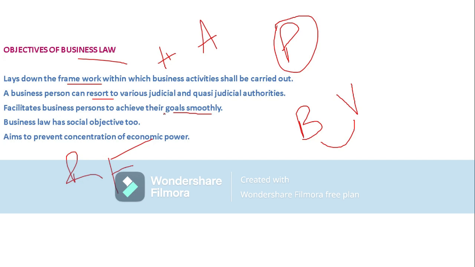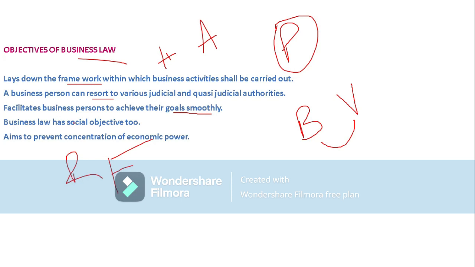A company can be treated as a separate legal entity. For that we have different cases, and there are judgments on that particular issue. Likewise, limited liability or unlimited liability. Business deals with different aspects, and in order to run their business smoothly, all these laws help the business persons.